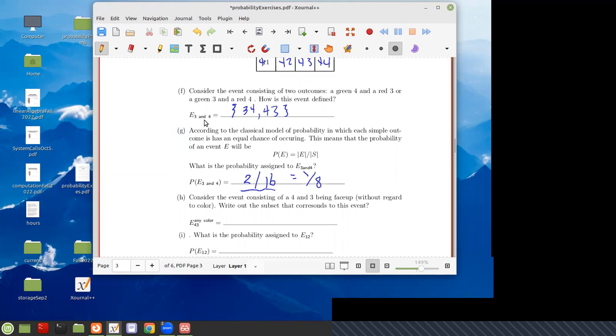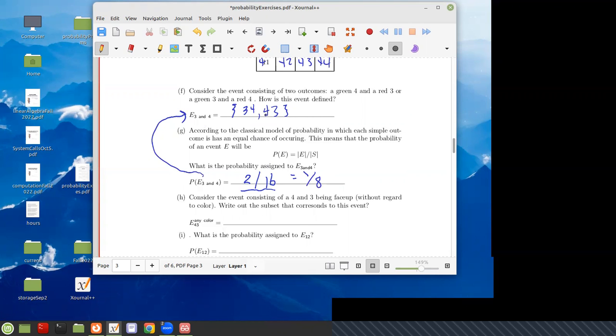This event here is supposed to be the same as this event here. So the probability you assign would be the number of outcomes in this event divided by the number of outcomes in the sample space, which would be 2/16.